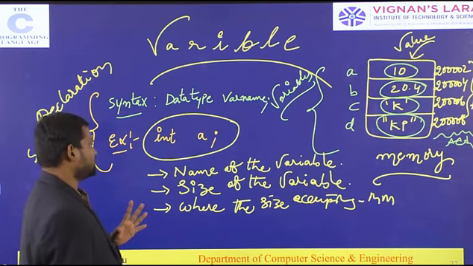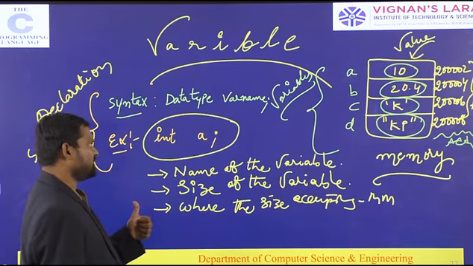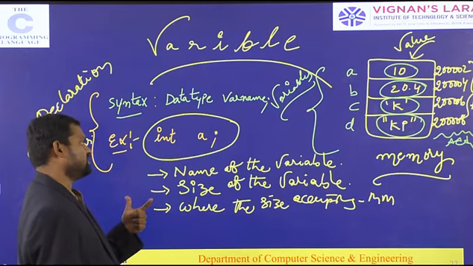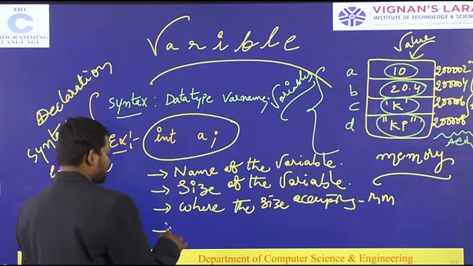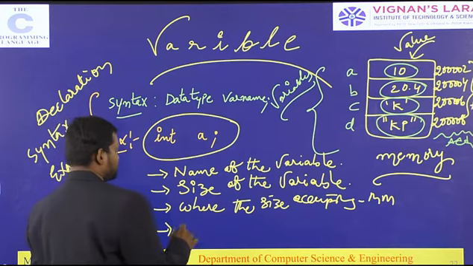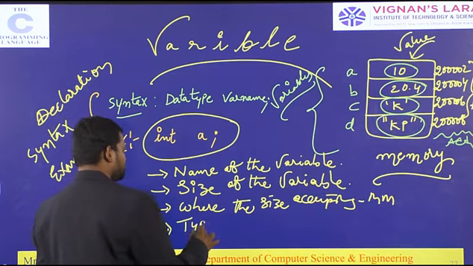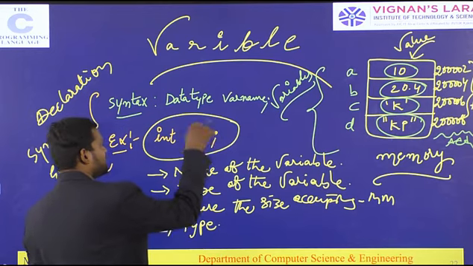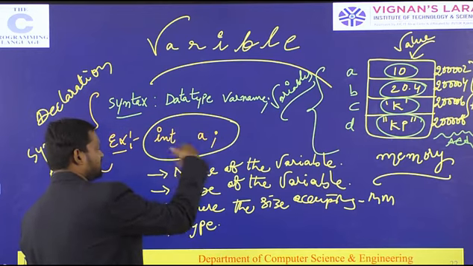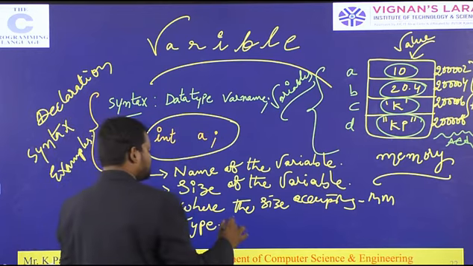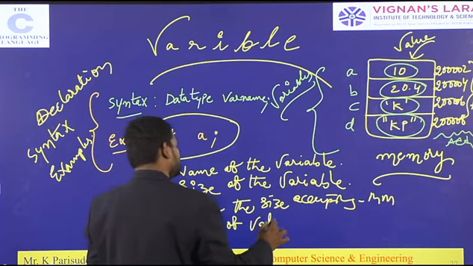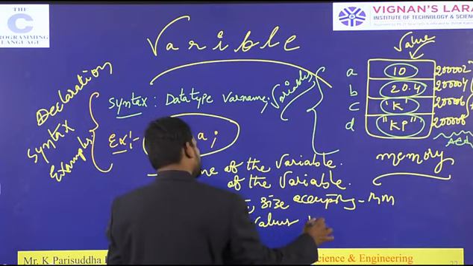So it indicates the type of the variable, name of the variable. After the size and the name, the type: whenever the line is given to the compiler, the type of values has to be told.